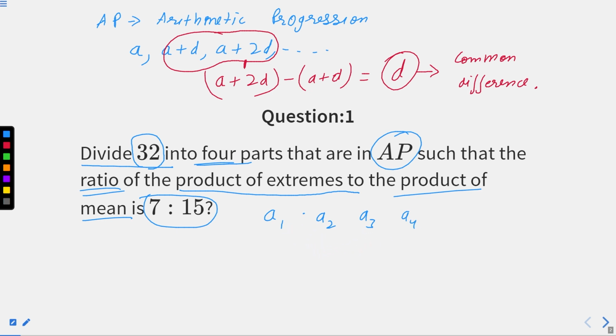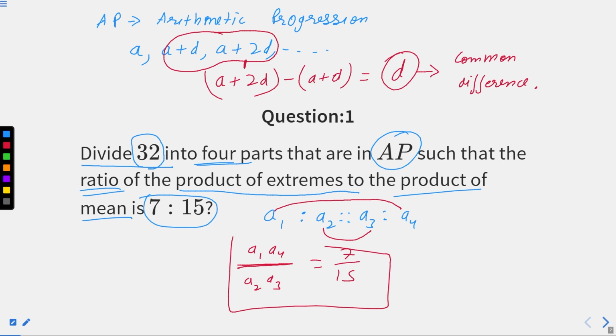The extremes are a1 and a4, and the means are a2 and a3, and the ratio of their products is given like this.